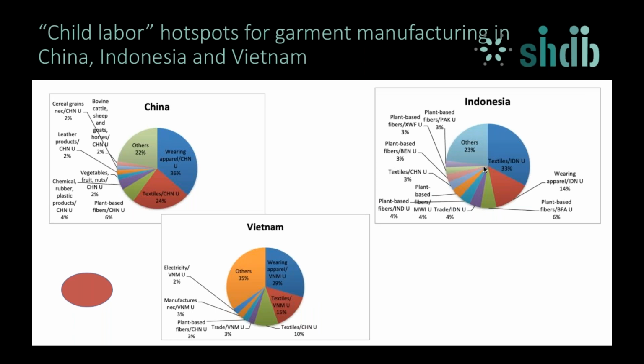If you take another lens and look at the three options with the child labor hotspots, the picture is different again. The producers of textile and garments are still big, but here you can clearly see that also deeper down in the supply chain, the growing of the cotton, the plant-based fiber activities, matters. In the Indonesia example, the cotton coming from Benin could be a social hotspot if you buy garments from Indonesia, and that's something you don't know up front.